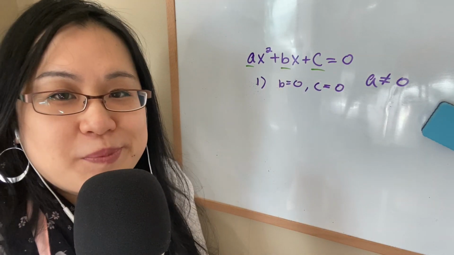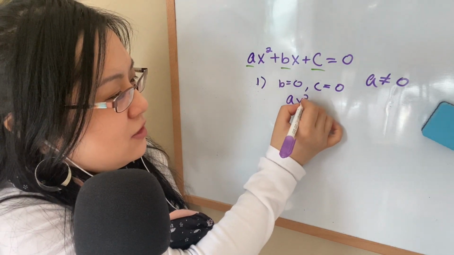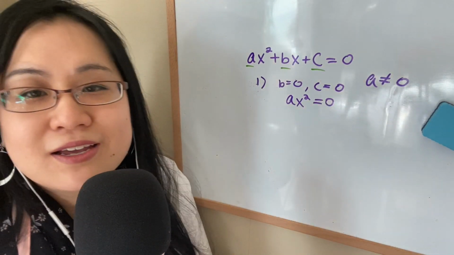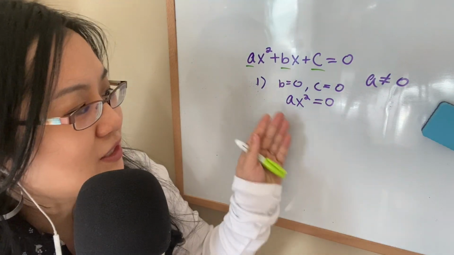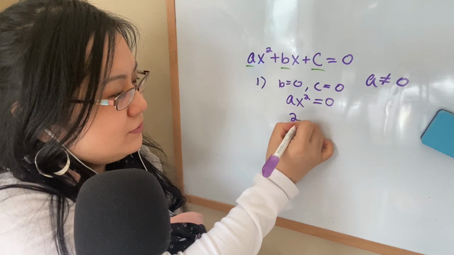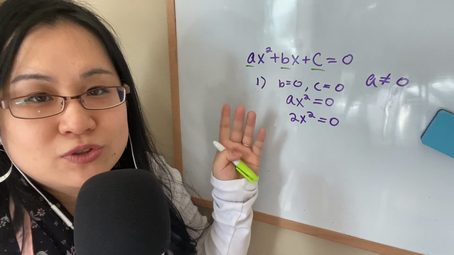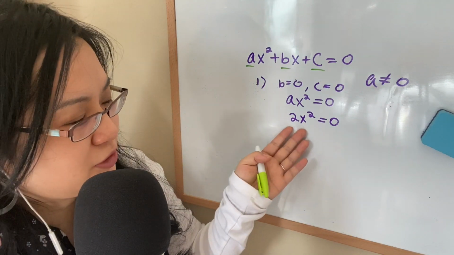Why not, right? We're keeping this super general. So if we have ax squared equals 0, where a is anything as long as it's not 0, let's just say 2. We don't want to keep too many variables or placeholders here, so let's just put in a 2.